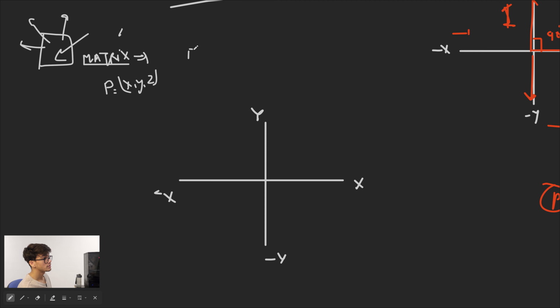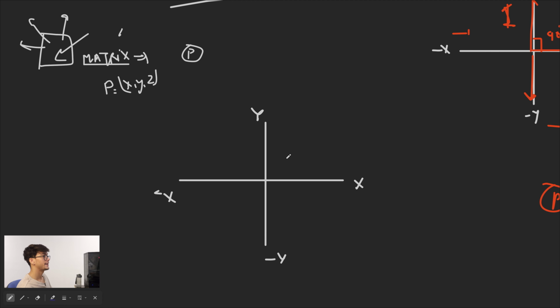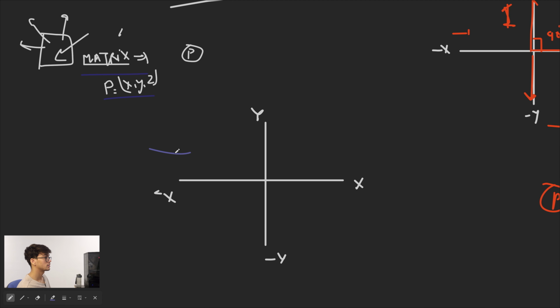So now we have this P, which is the point position, and you have its matrix, which tells you about its direction, its facing. I will say blue. So you get two things here.